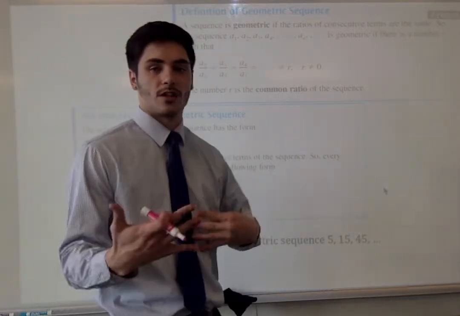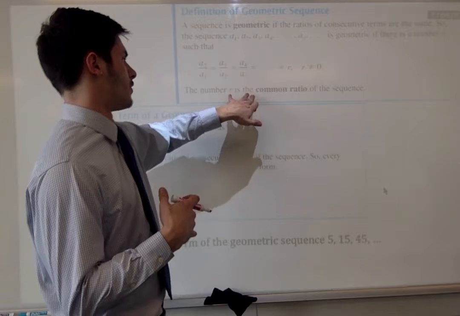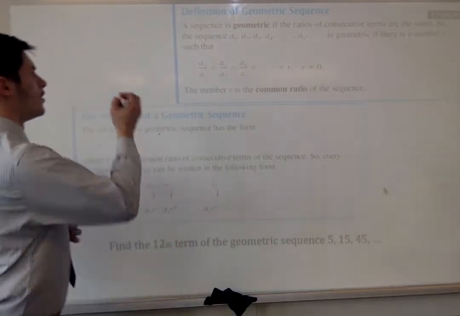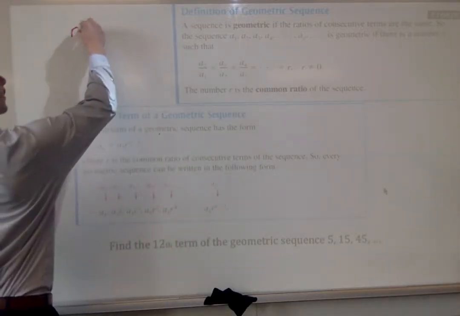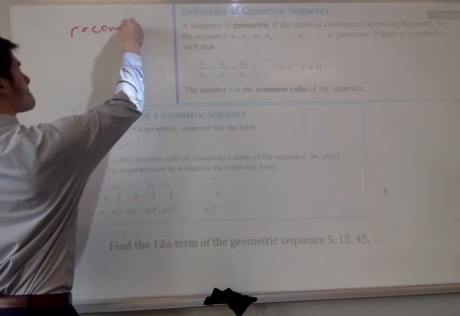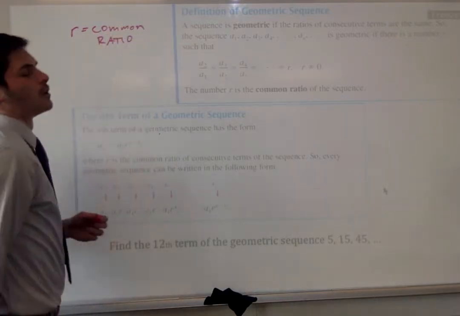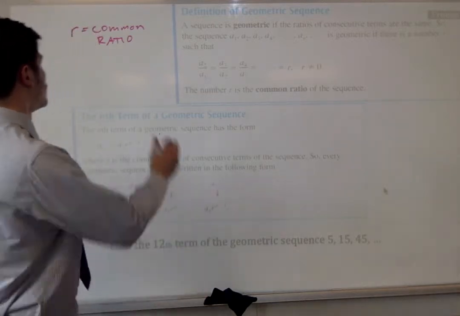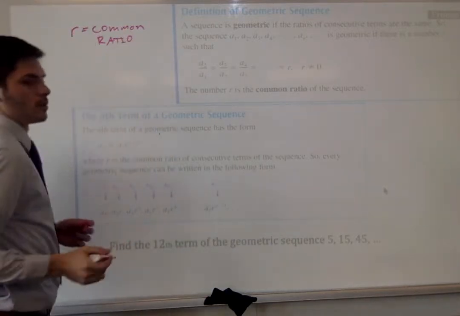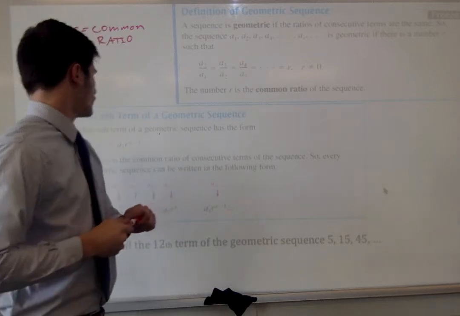So that r will be the same no matter what. So that's what we're going to refer to as the common ratio. So I'll write that up here. Common ratio. Make that a little more clear.